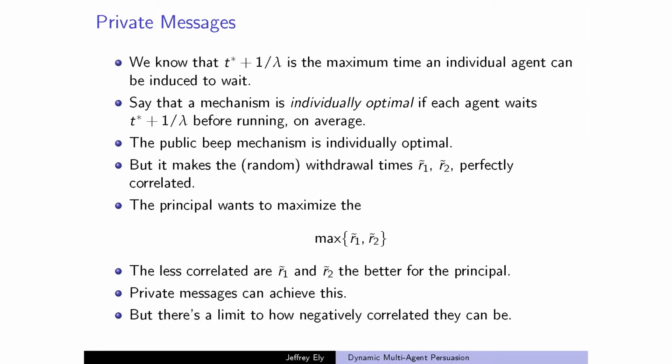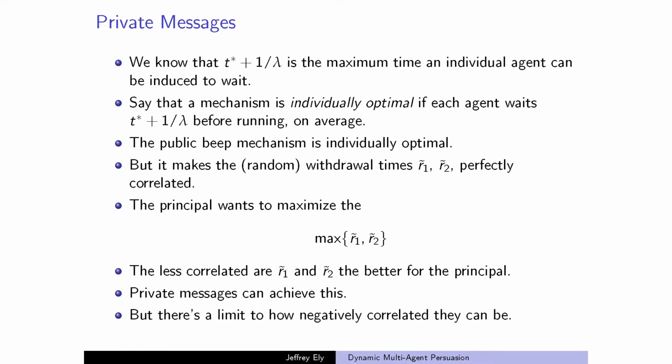So if I have a mechanism which is individually optimal, in terms of the marginal distributions of R tilde 1 and R tilde 2, it achieves that in expectation. But if the principal wants to avoid a bank run, then he wants R tilde 1 and R tilde 2 to be as uncorrelated as possible. Because the less correlated they are, the larger will be this maximum.